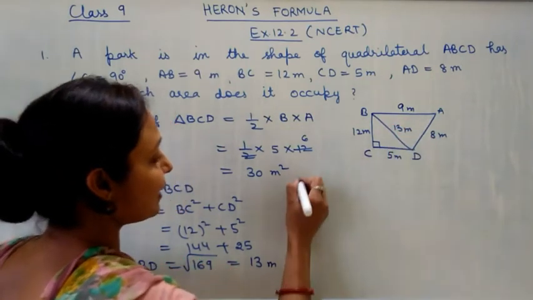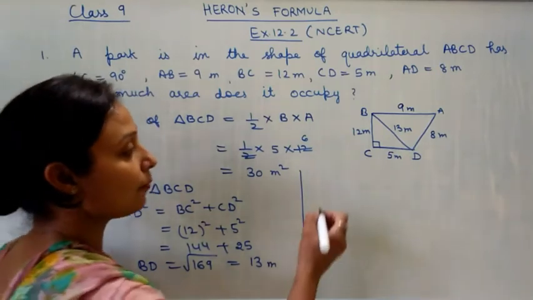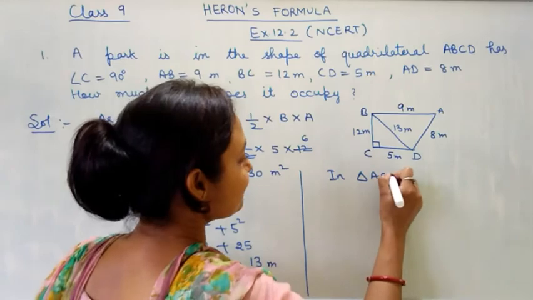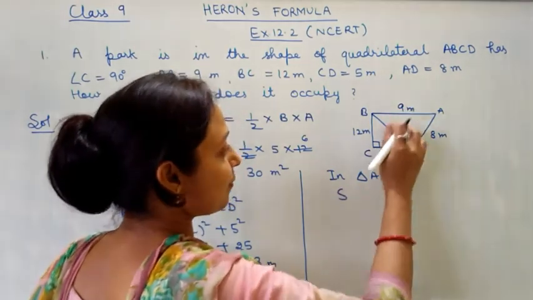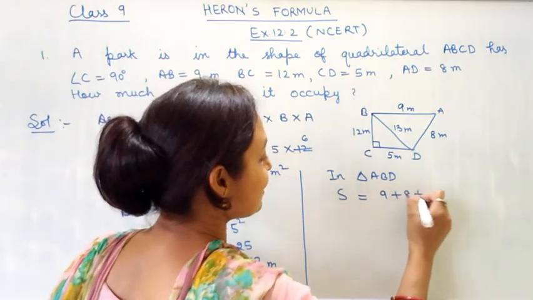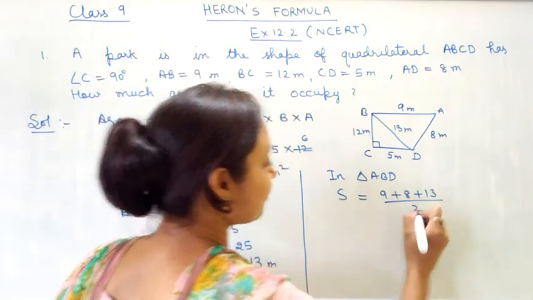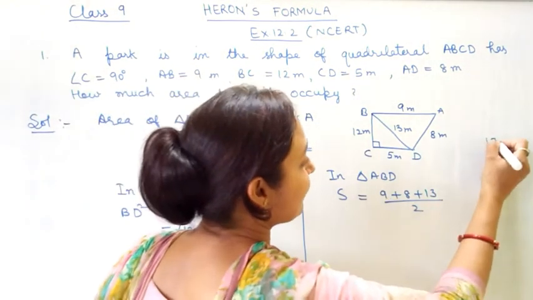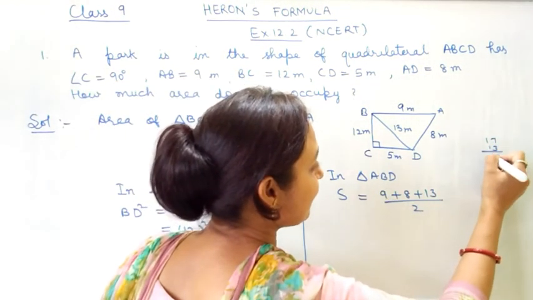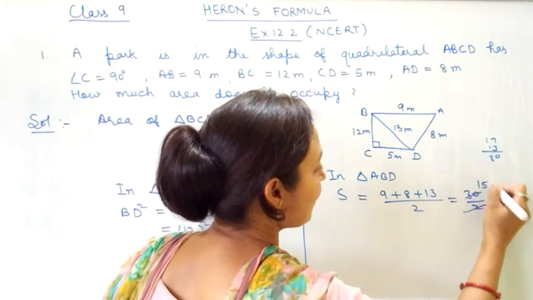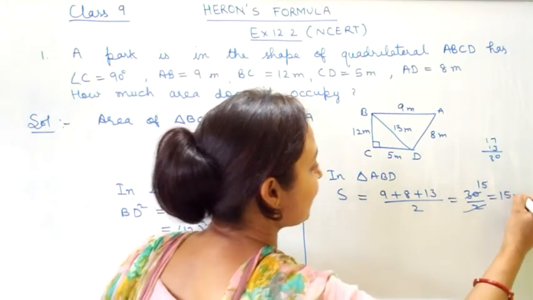Now I will find the area using Heron's formula. In triangle ABD, S is equal to the sum of three sides divided by 2. S is equal to 9 plus 8 plus 13 divided by 2, that is 30 by 2, which after cancellation is 15 meter.